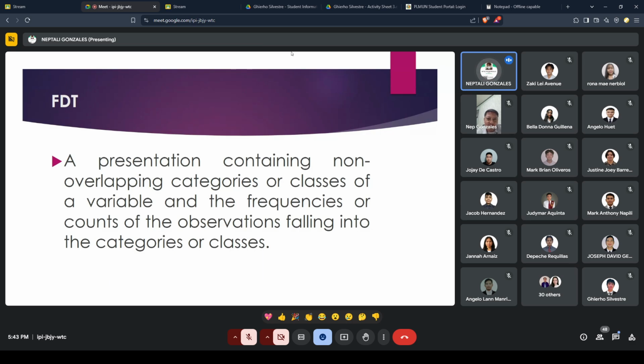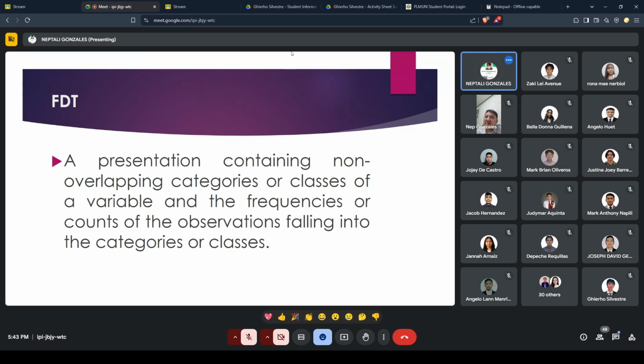The frequency distribution table, or simply FDT, is a presentation containing non-overlapping categories or classes of a variable and the frequencies or counts of the observations falling into the categories or classes.